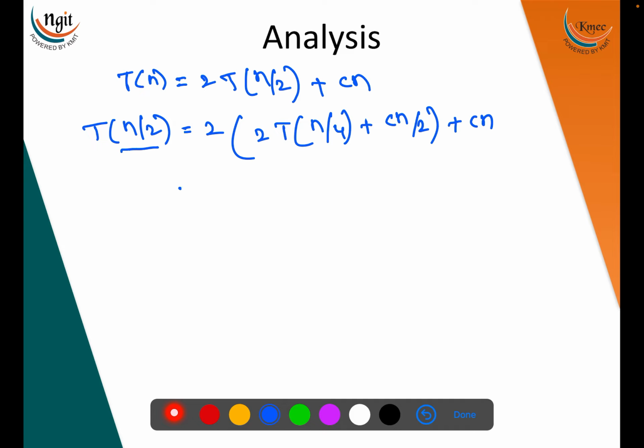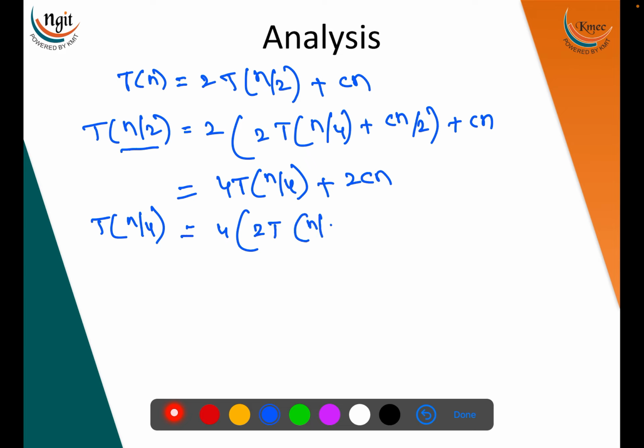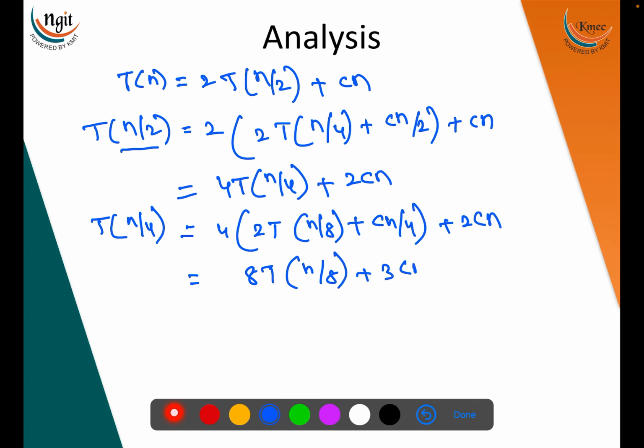Now you will get this, right? Now multiply with 2. Now 2 into 2 is 4, 4T of n by 4. 2 will get cancelled, Cn plus Cn you will get 2Cn. Now again T of n by 4 is equal to 2T of n by 8 plus Cn by 4 plus 2Cn. Now this time you will get 8T of n by 8 plus 3Cn.